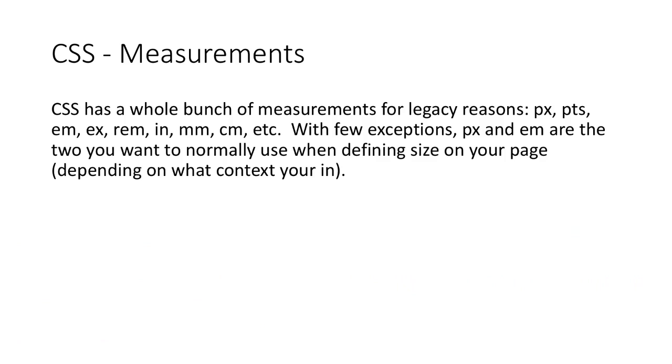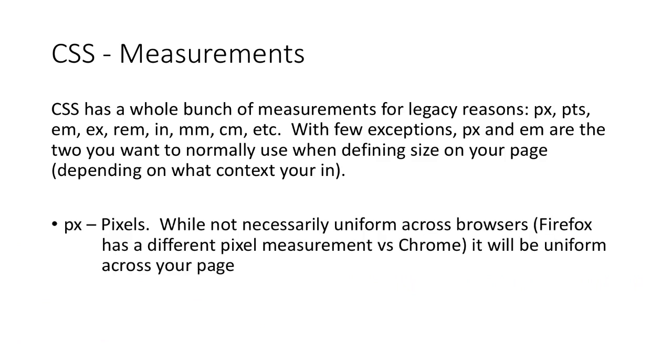EM is relative to certain things, and PX is pixels. Pixels are not uniform across all browsers. For example, Firefox has a different pixel measurement versus Google Chrome, but it will be uniform on your page.